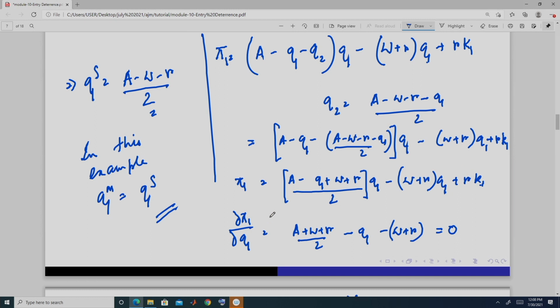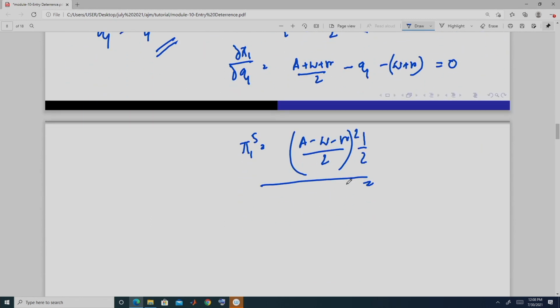Actually, the capacity will be same as the output, and so we will get the same thing if we combine the cost of stage 1 and the profit in stage 2 together. Okay. So, this is going to be the total profit when we have the outcome as the Stackelberg outcome.